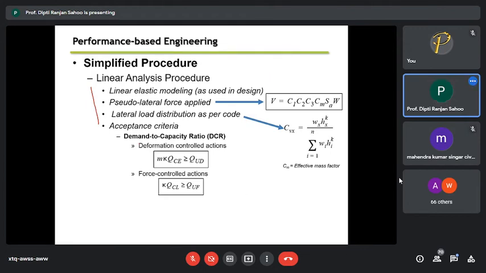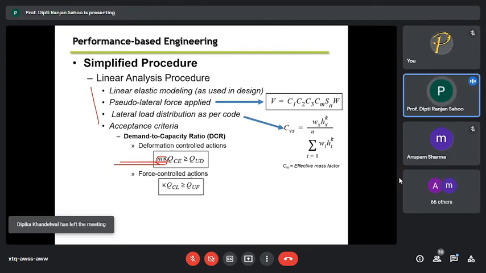It's only changed by some kind of factors called confidence factors and some kind of amplifications the code defines for different members.